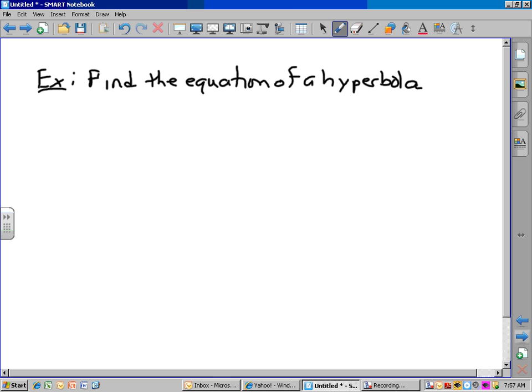Find the equation of a hyperbola with foci at (7, 1) and (3, negative 1). How about (negative 3, 1)?